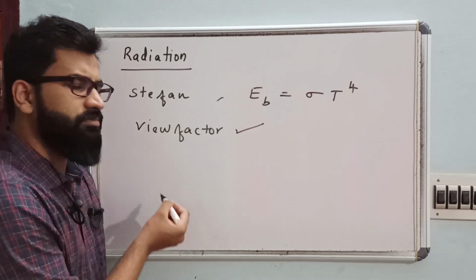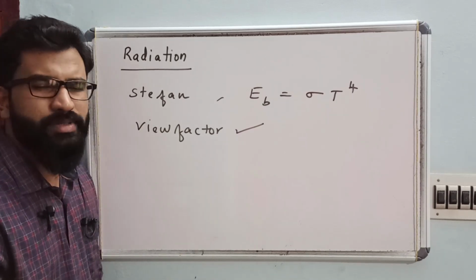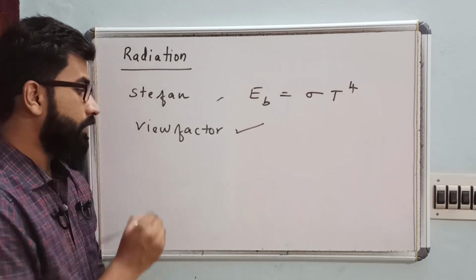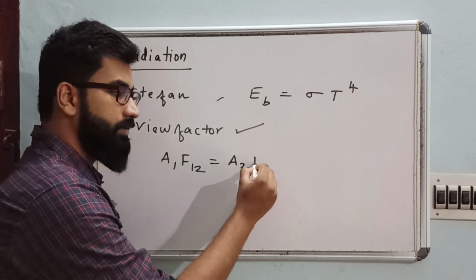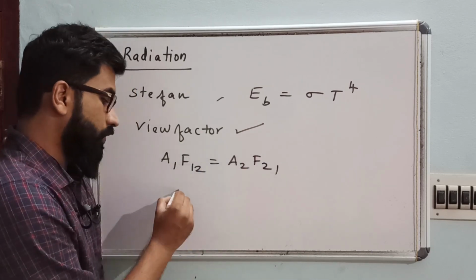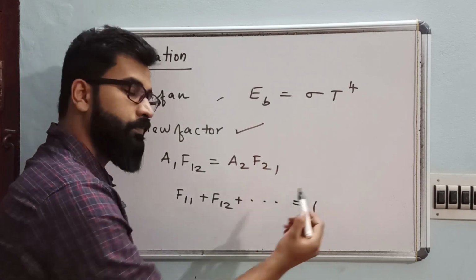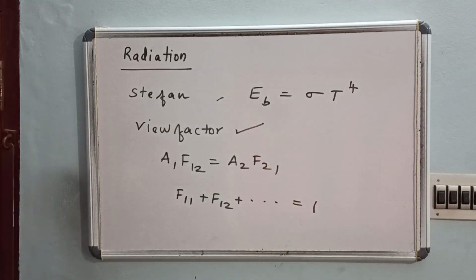For view factor calculation, most of the questions are based on two surfaces only. There are questions with three surfaces also. But most questions are solvable with this equation and F11 plus F12 plus etc. equal to 1. Right, most of your questions in radiation can be solved with only these two things.